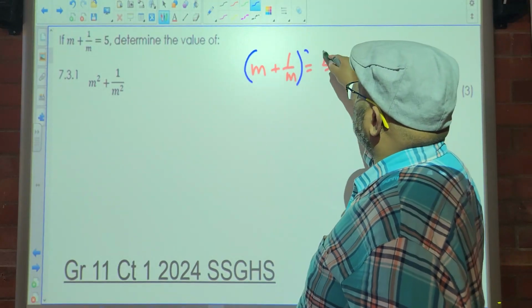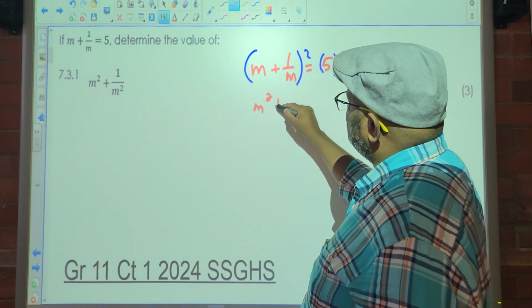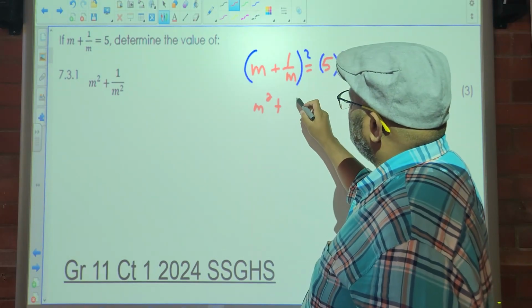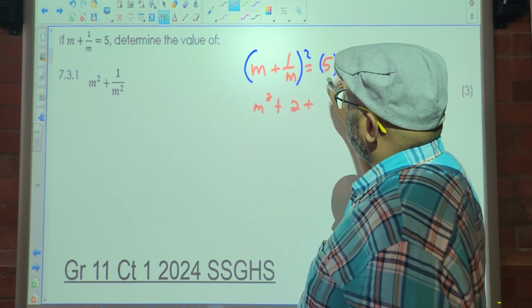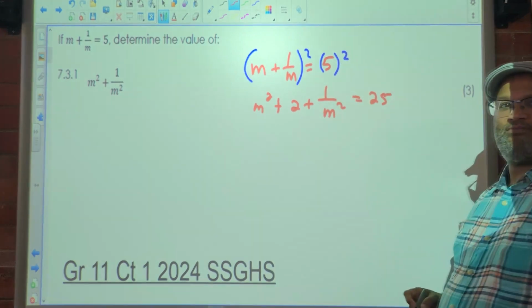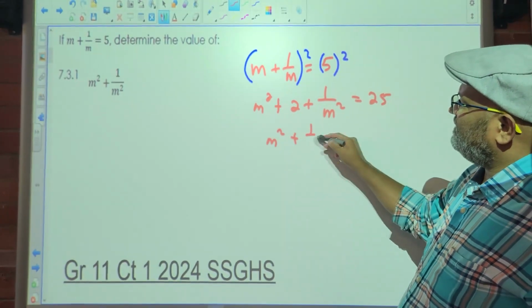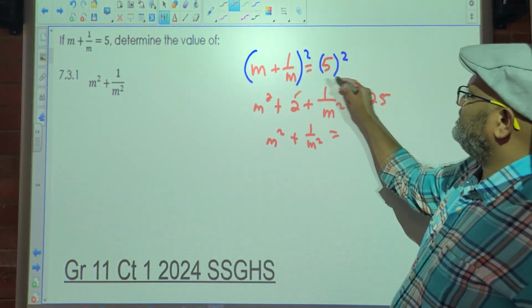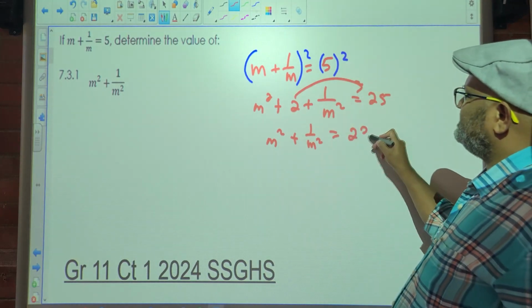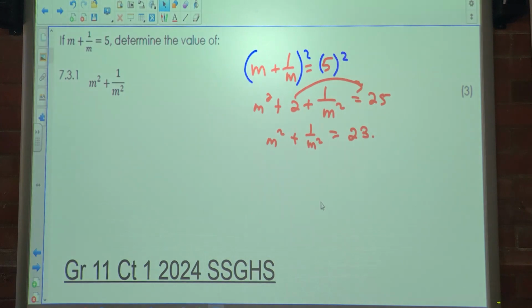So I square both sides. So I have m squared plus 2 plus 1 over m squared is equal to 25. Which now gives me m squared plus 1 over m squared is equal to 25 minus 2, which is 23. You will agree with that? Any confusion there? No.